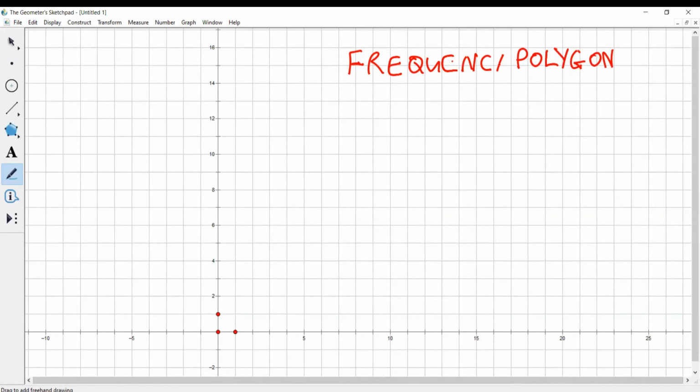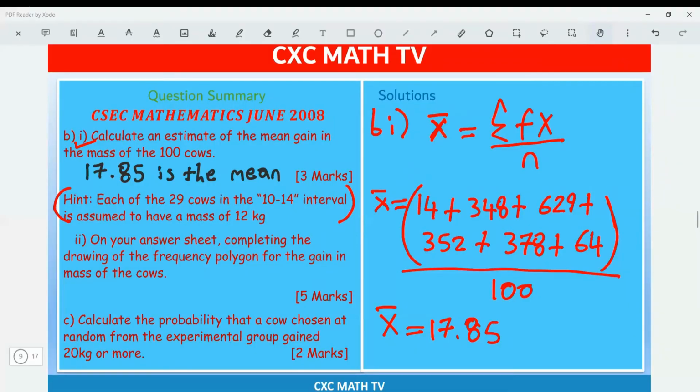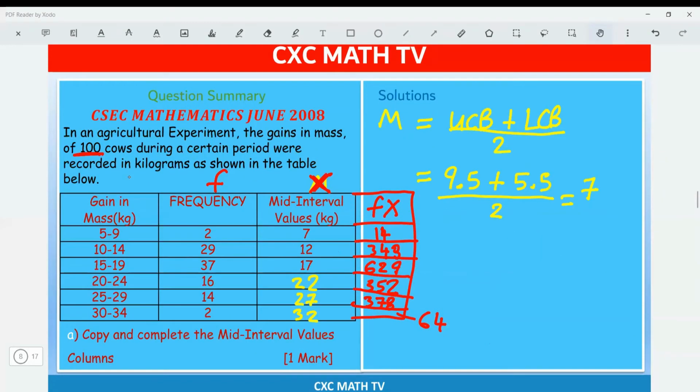So the midpoints that we have, looking at it, are 7, 12, 17, 22, 27, 32. So maybe we can go, let me see, every centimeter representing 5 units.